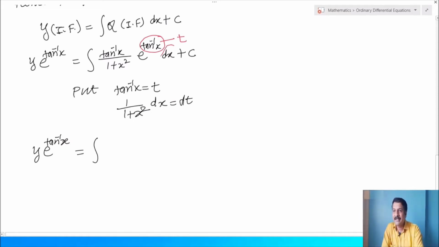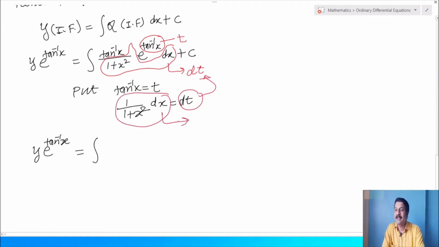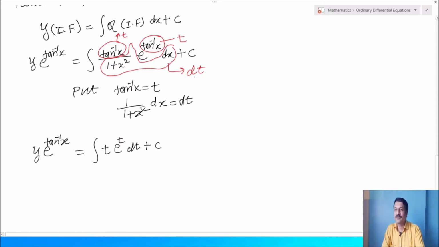When substituting in the integration, you always find space for dt. If I am not getting this directly, then adjust here. But anyhow, I want the value of dt there. So it becomes integration of t e raised to t dt plus c, the integration constant.